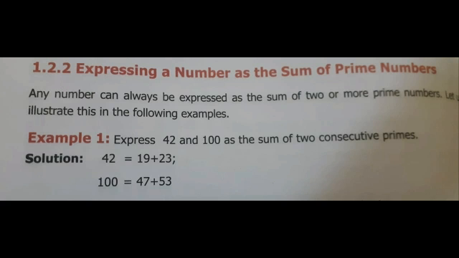In the same way for 100, 47 plus 53, because we need to write with consecutive, that means continuous prime numbers. My dear students, you just check it out. After 47, what is the next prime number? It's exactly 53 only. In between there are no prime numbers.